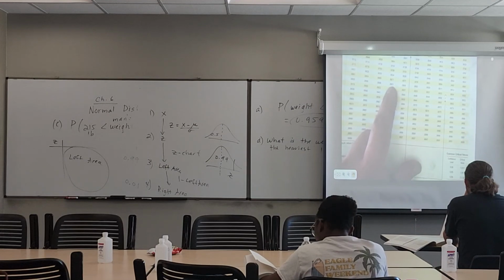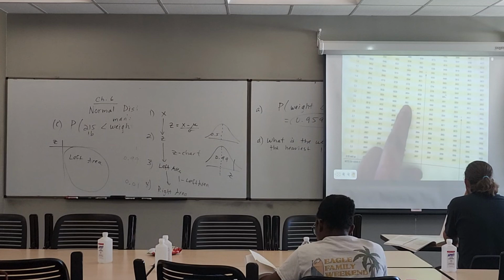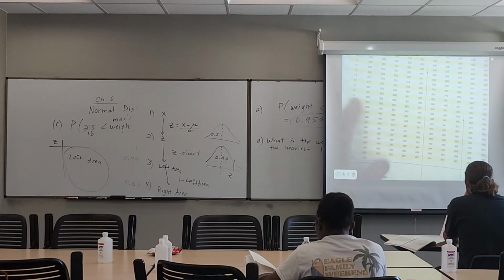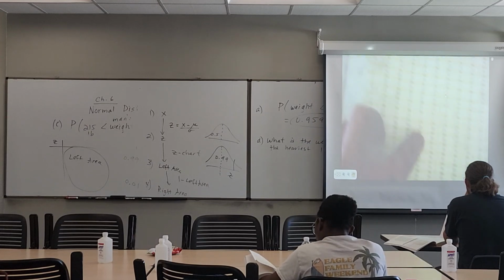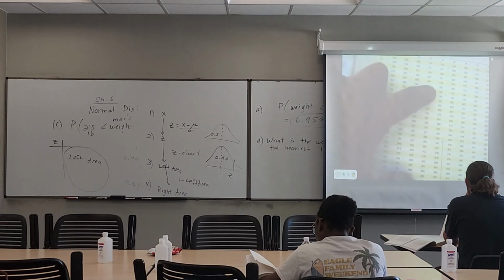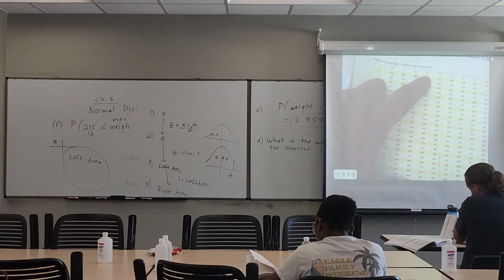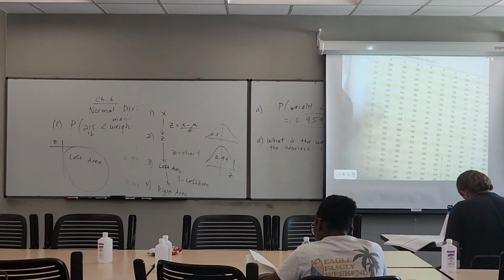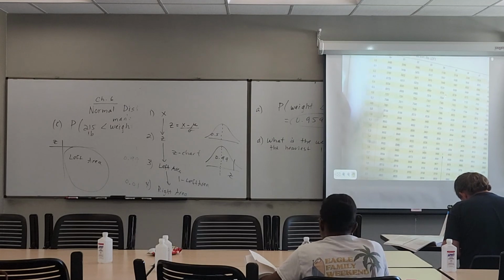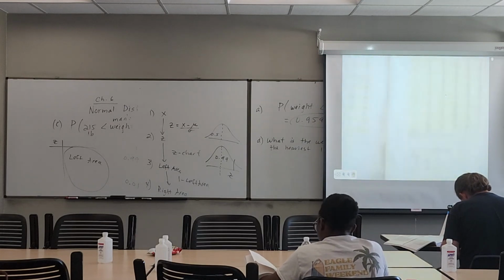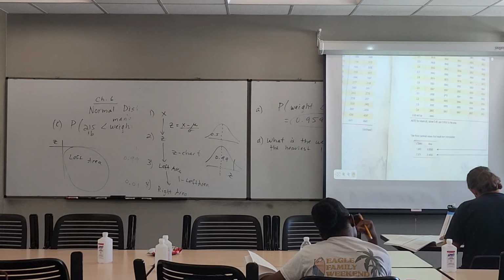Then we look at which z-score that corresponds to. That would be 2.3, and then you add on an extra 0.03. So it would be 2.3 plus 0.03, which is 2.33. Any questions?